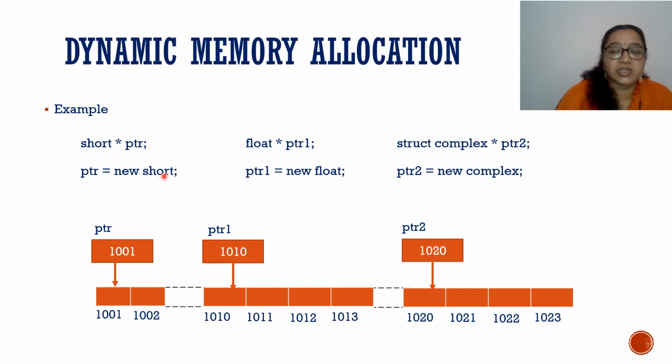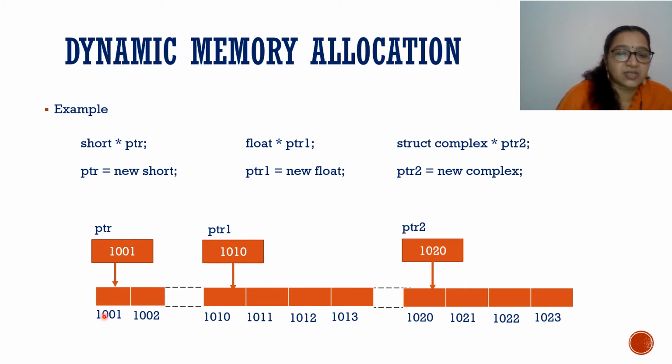PTR is the pointer variable, and the value inside it is the base address of this. This is new short. So here we allocate these memory spaces. 2 bytes we took for PTR, this short type. Okay, so 2 bytes are there.